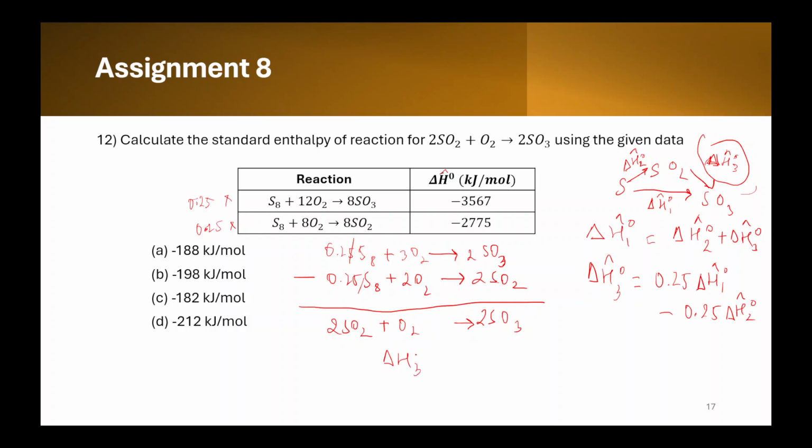Delta H3 cap will be, we write the values here, 0.25 into minus 3567 minus 0.25 into minus 2775.